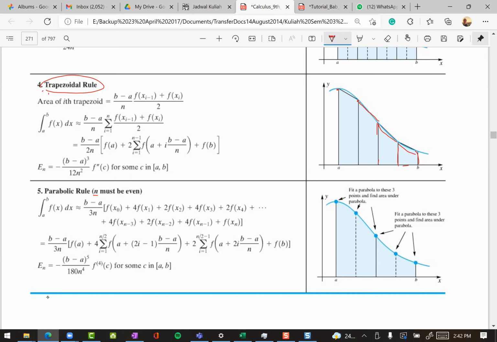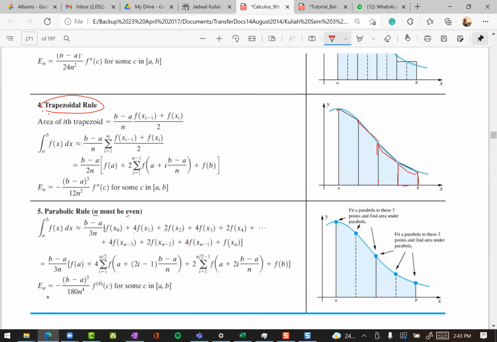For the parabolic rule, the coefficients are 1, 4, 2, 4, 2, 4, 2, 4, 2, 4, 2, and end with 4, 1. So n must be even. I'll tell you the reasons later using a picture.